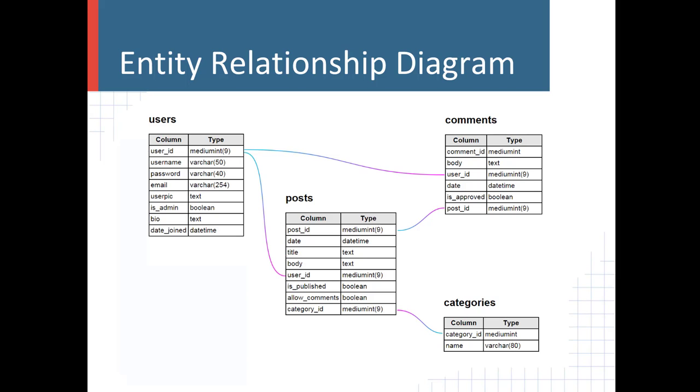As I said, user ID, let's say my value is 9, username might be Trishvi, my password might be password, my email, user pic might reference where to find my avatar on the server, is admin would say whether or not I can edit other people's posts, so that might be a true false statement. A bio would have any sort of information that I wanted people to look at about who I am. And date joined might say when I joined the site.